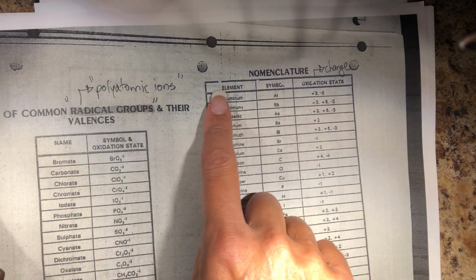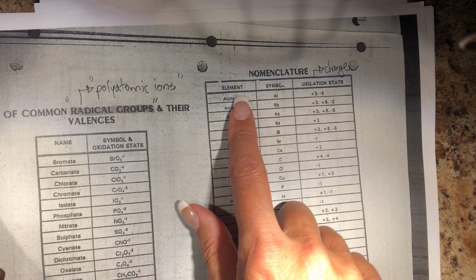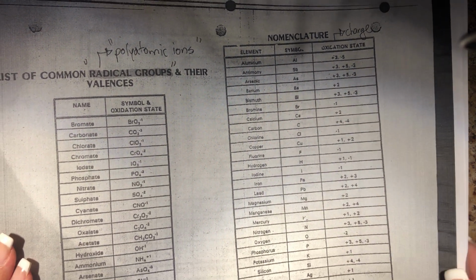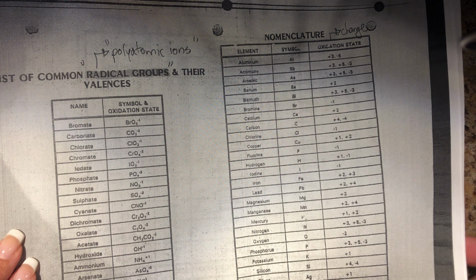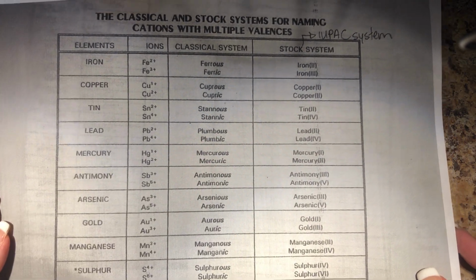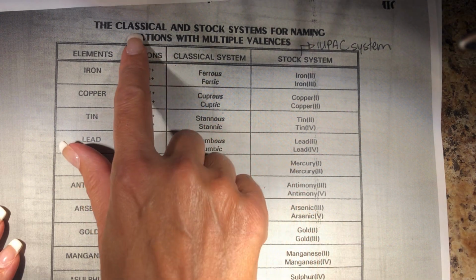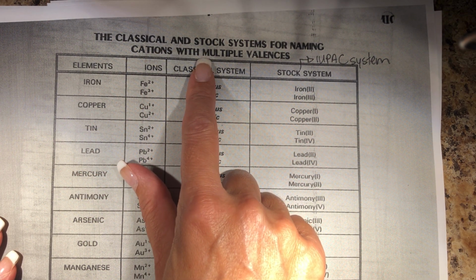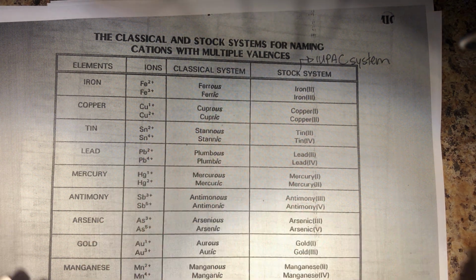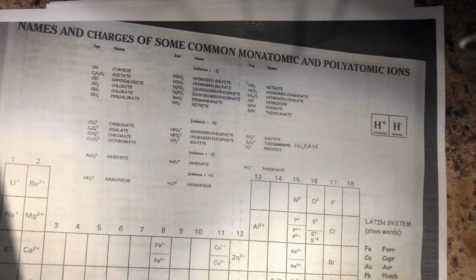These are also the charges on various elements on the periodic table. Something else we will look at. You'll have that handy. You will also have other charges for the classical and stock systems when we name elements that have multiple valences or multiple charges. So that'll be another thing you'll need.